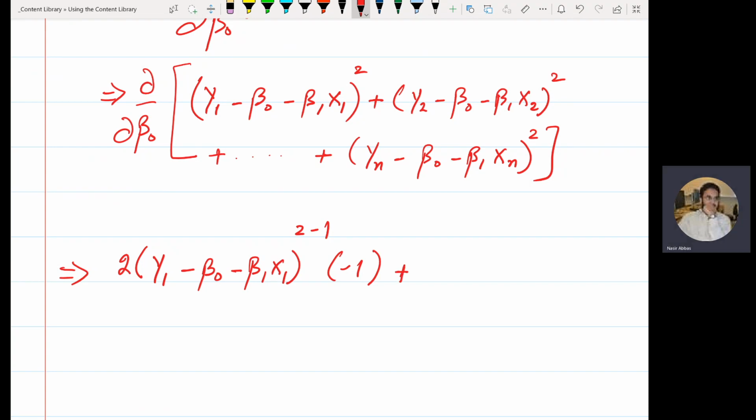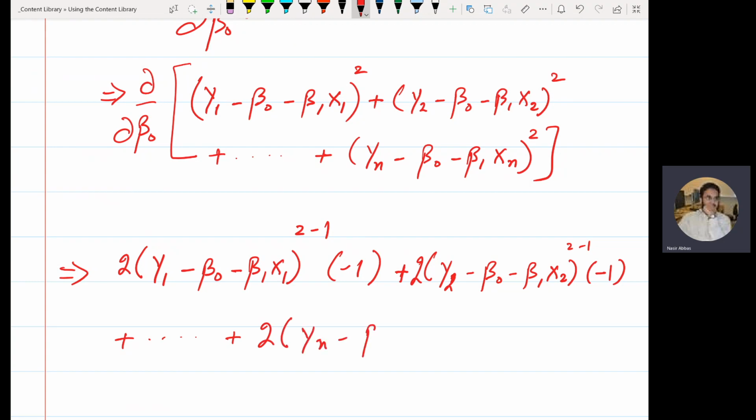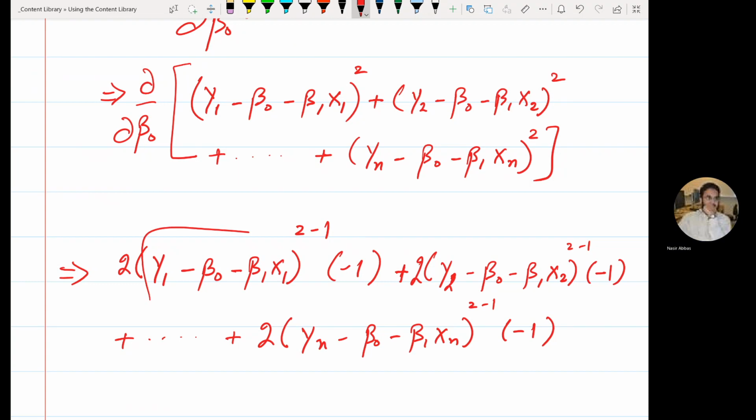Plus the second term, exactly on the same pattern: 2 times y2 minus beta naught minus beta 1 x2 to the power 2 minus 1 times minus 1, plus all the way up to 2 times yn minus beta naught minus beta 1 xn to the power 2 minus 1 times minus 1. The minus 1 is the derivative of this thing.